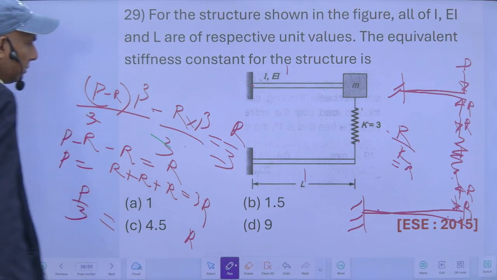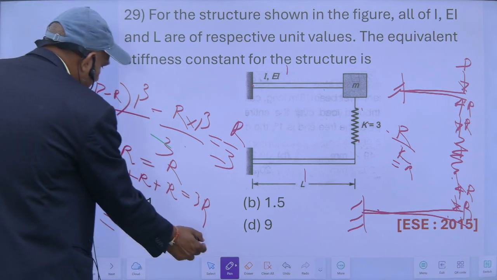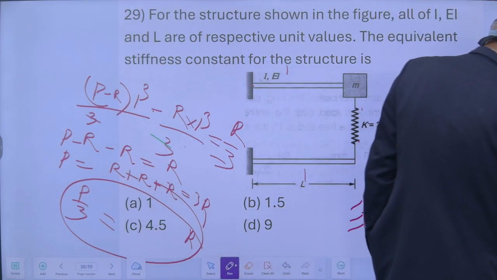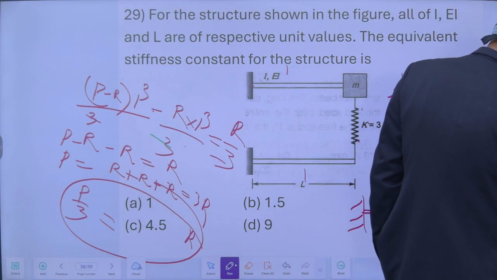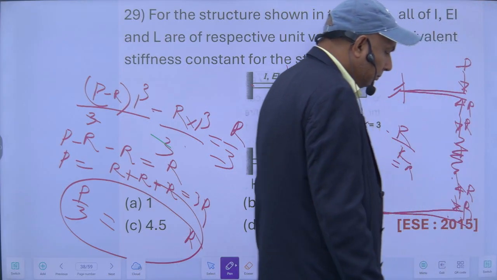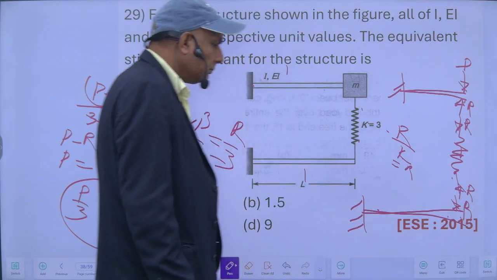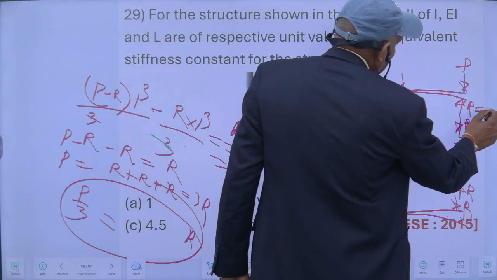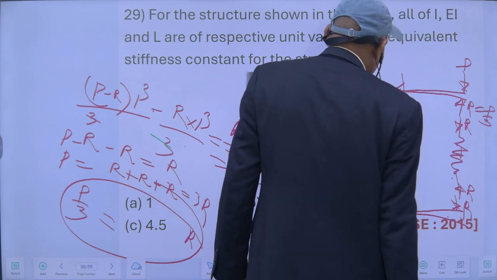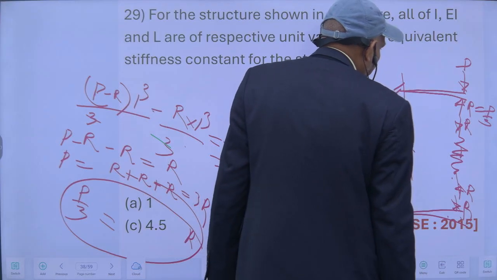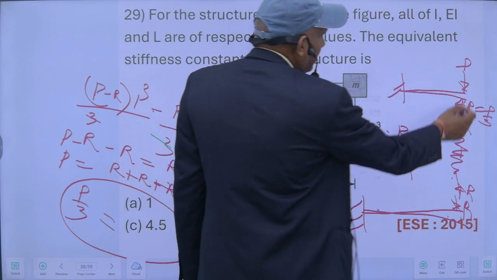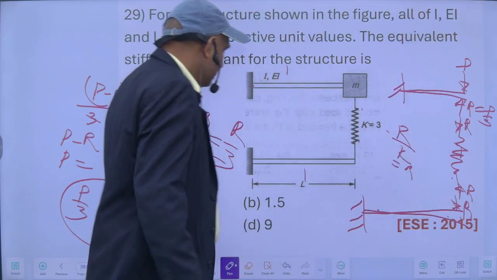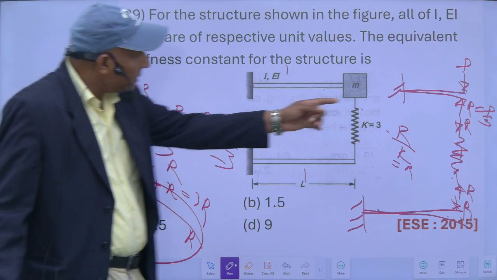So if this R is P by 3, then this load is P. So there is a downward load of P and this is upward load of P by 3. So my net deflection at this point is equal to how much?